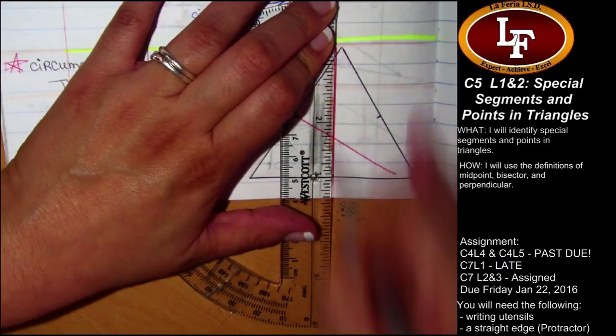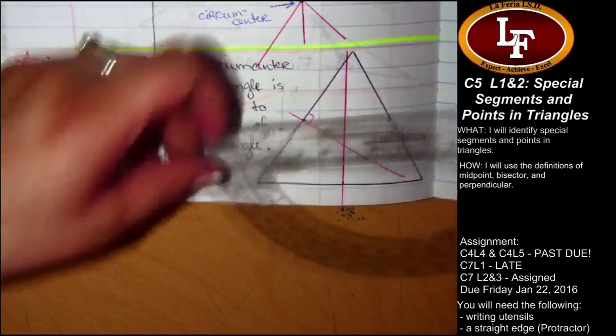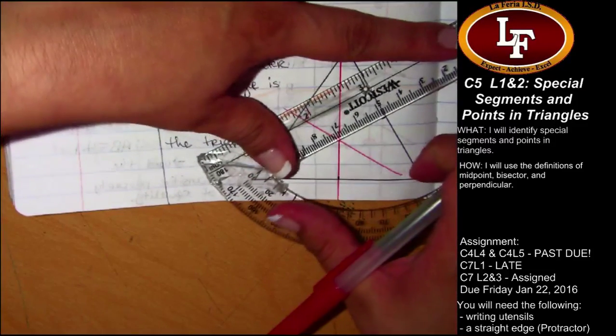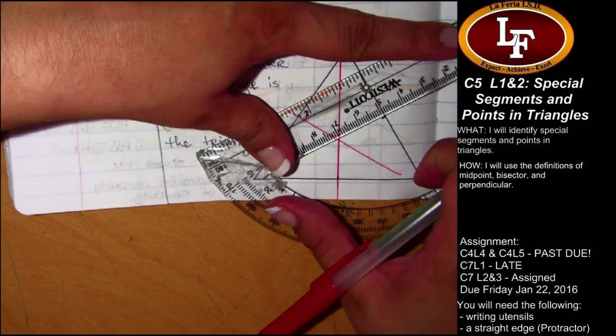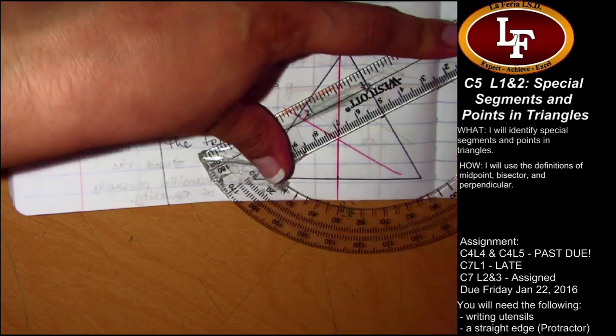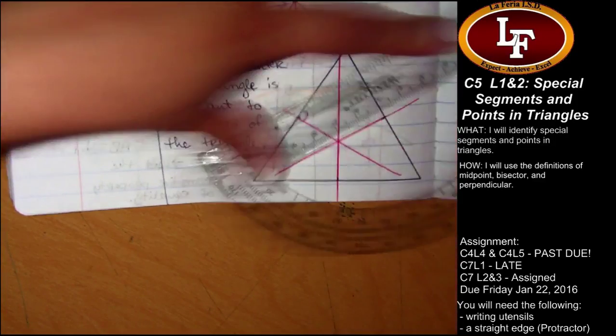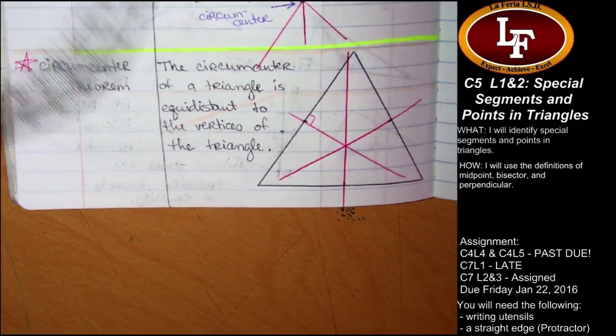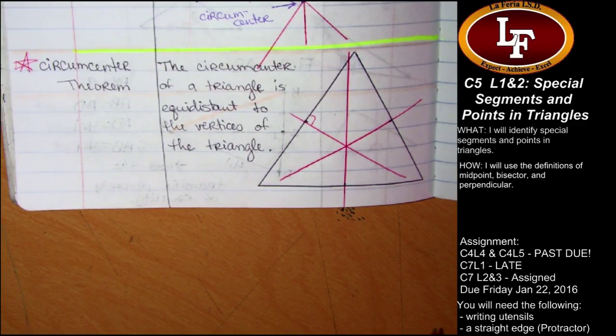Here's another perpendicular bisector. Here's another perpendicular bisector. Oh, look. Mine totally hit in the same spot. Look. I got a point of concurrency.